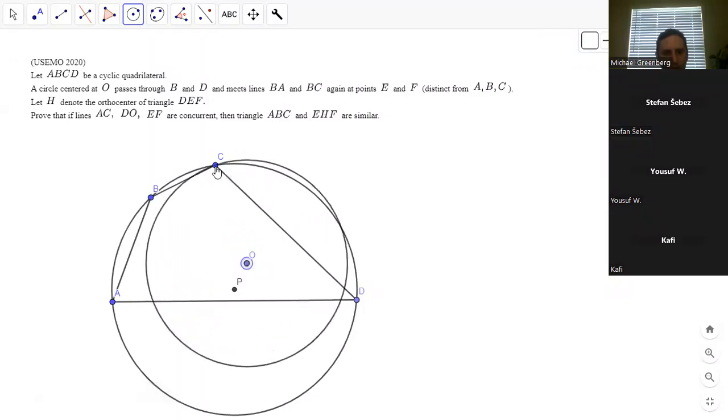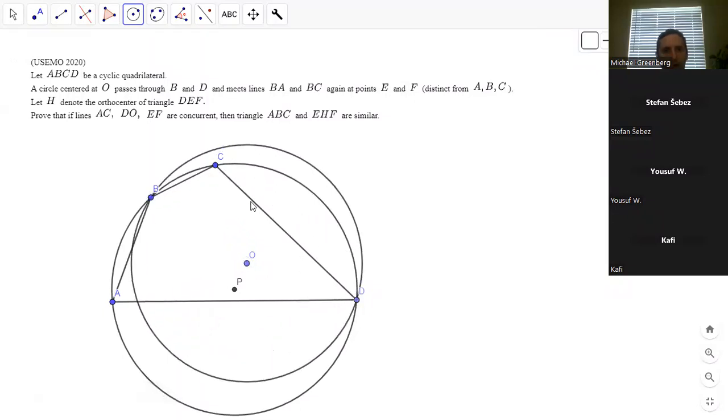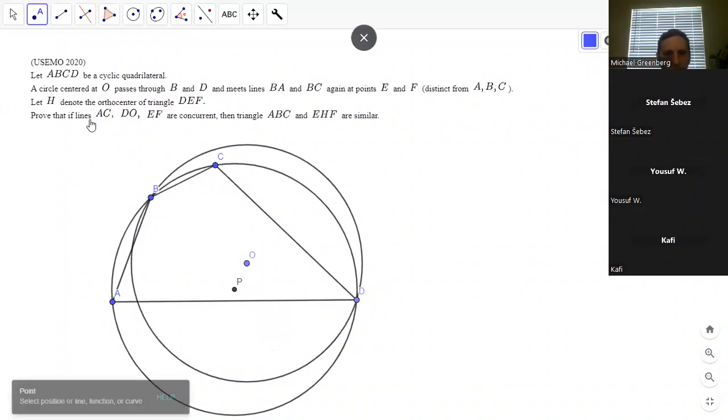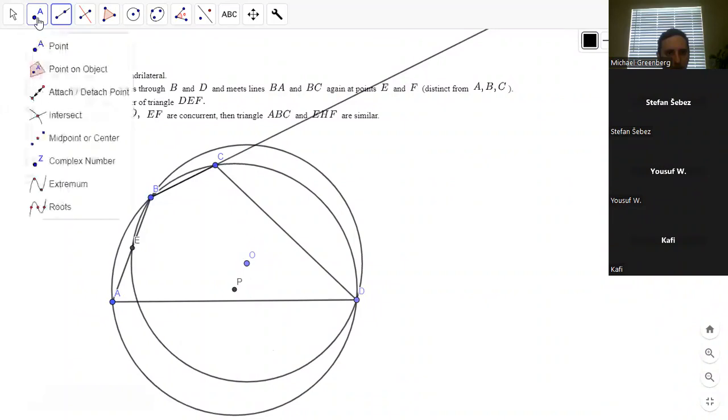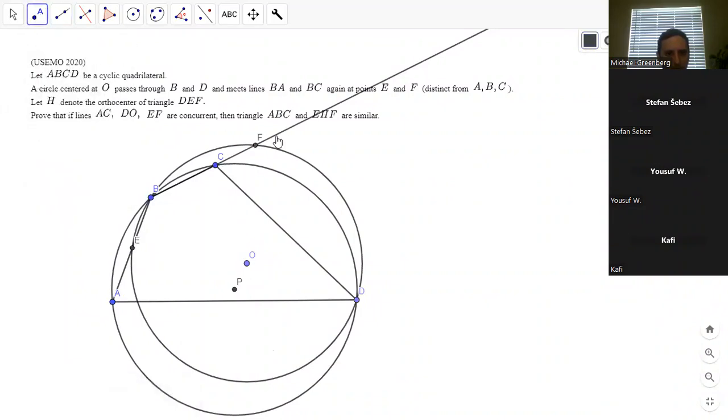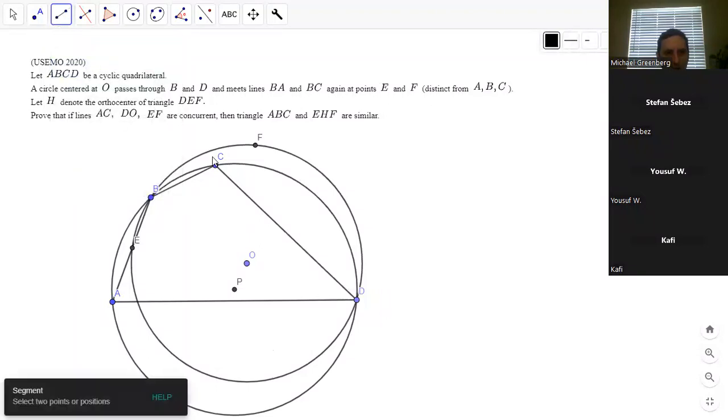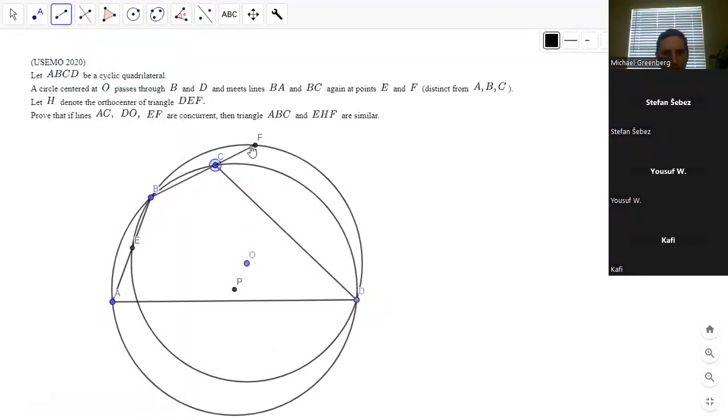So that's through B and D, and it meets BA at E and BC at F. And then we have the orthocenter of DEF.